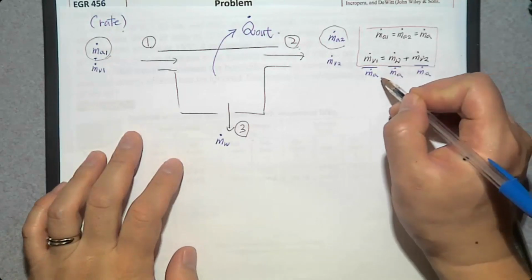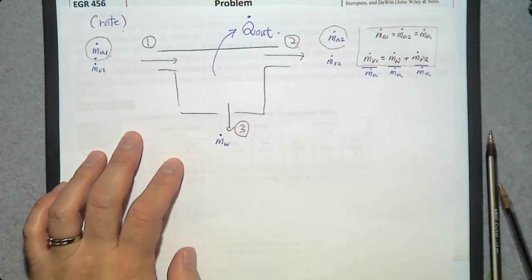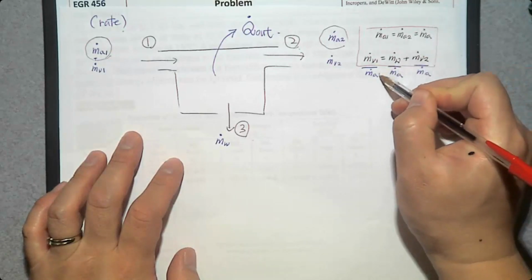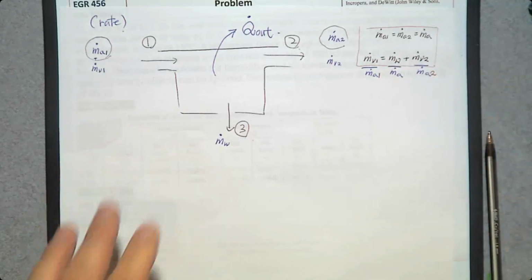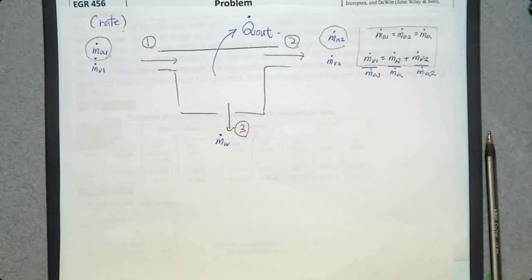Doesn't matter, right? So we can say this one is m dot of A number 1, which is okay, and this one is m dot of A number 2, which is okay, because m dot A is constant.